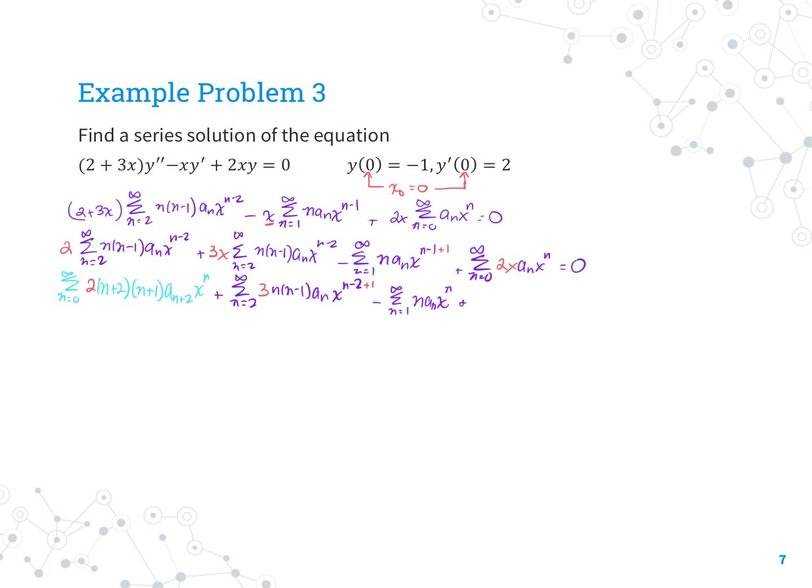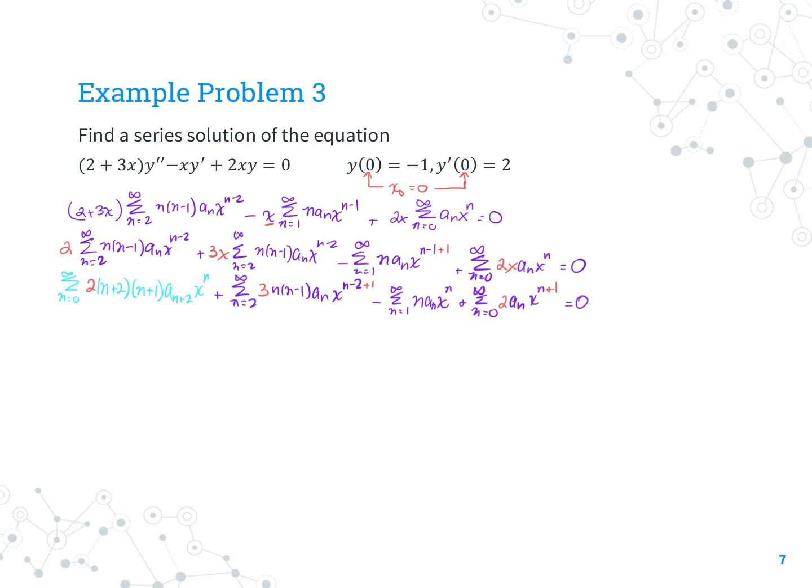And then our last one is going to be the sum from n equals 0 to infinity now of 2, and a sub n is still there, but now when we put those x's together, we'll have something we didn't have in any of the other ones. Now we have x to the n plus 1. We haven't had an n plus 1 just yet, so we're going to have a very interesting summation there, because we're going to have to change the index a little bit.